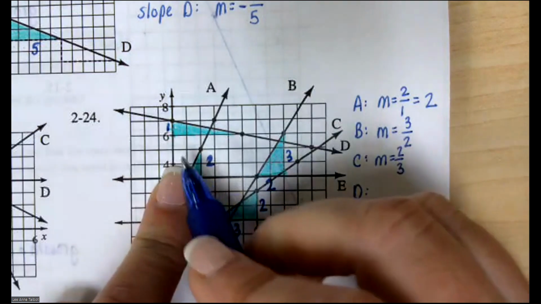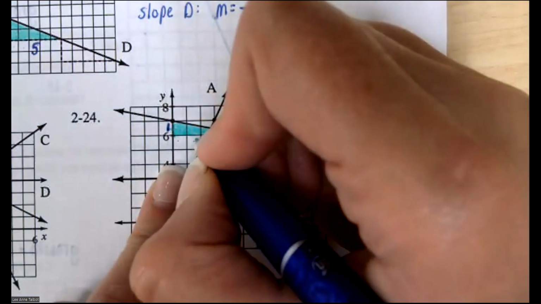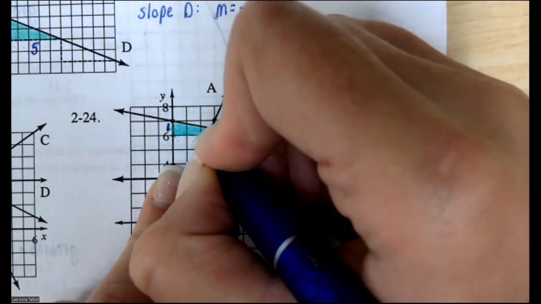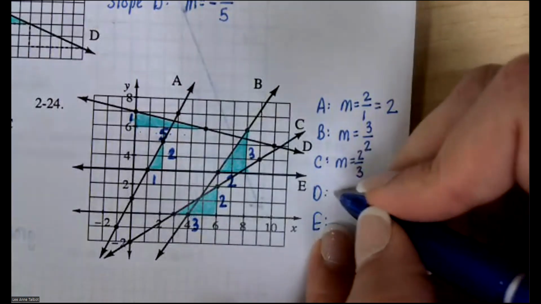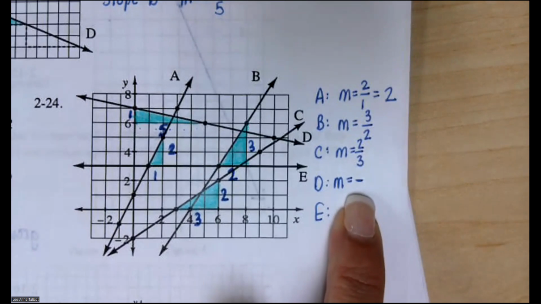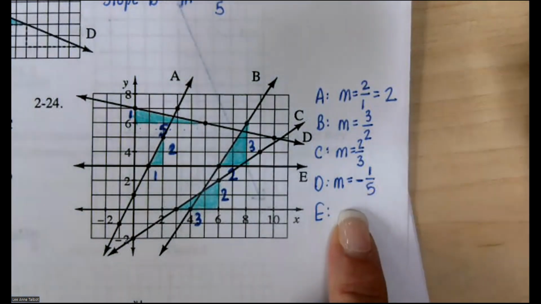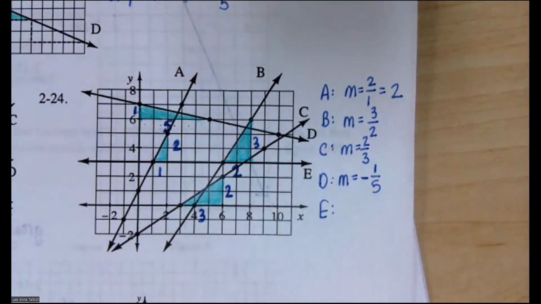So 1 on the height, 1, 2, 3, 4, 5 on the base. Decreasing, so we have to have that little moment where we say it's negative and then rise over run. Remember, always height over base.